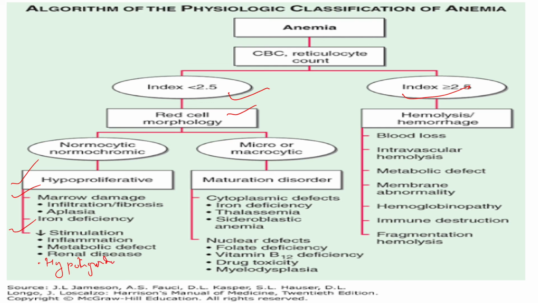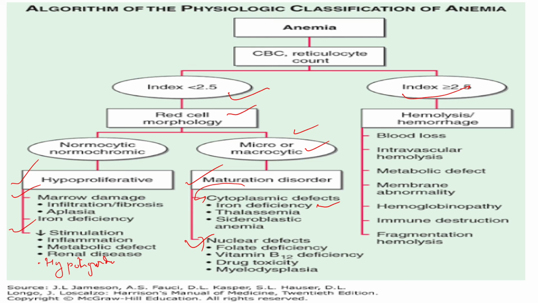hypothyroidism. If the red cell morphology suggests a micro or macrocytic picture, we have to look for maturation defects, or nuclear defects. In maturation disorders, we have cytoplasmic defects and nuclear defects. In cytoplasmic defects, we rule out iron deficiency, thalassemia, and sideroblastic anemia.